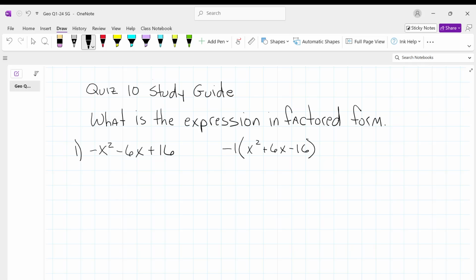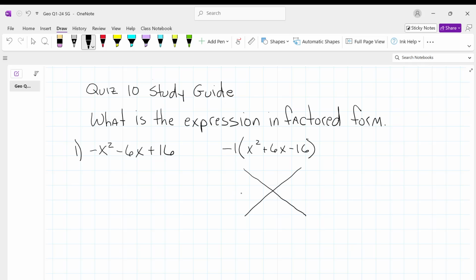And now we're looking for two factors of 16 that add up to +6. If you don't have your own technique already for finding these factors, then this little crisscross system works.